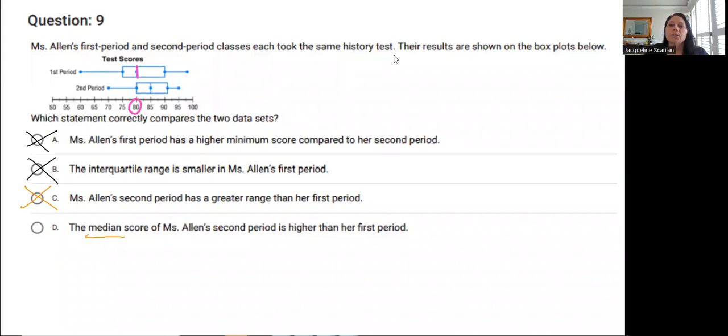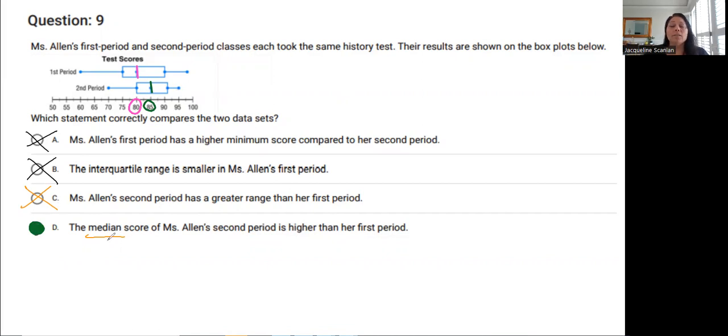And in our second period class, the median is right here, which is right above 85. So it says the median score in Miss Allen's second period is higher than her first. 85 is higher than 80. So answer choice D is correct.